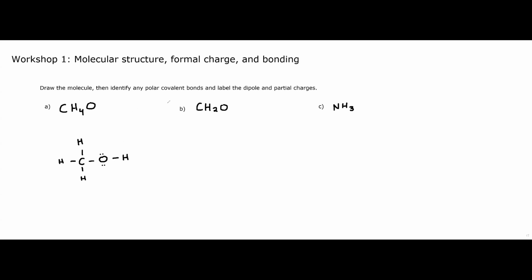Let's identify any polar covalent bonds. First we have CH bonds starting on the left. CH bonds, remember, are nonpolar covalent. What about the CO bond? The CO bond is a polar covalent bond.